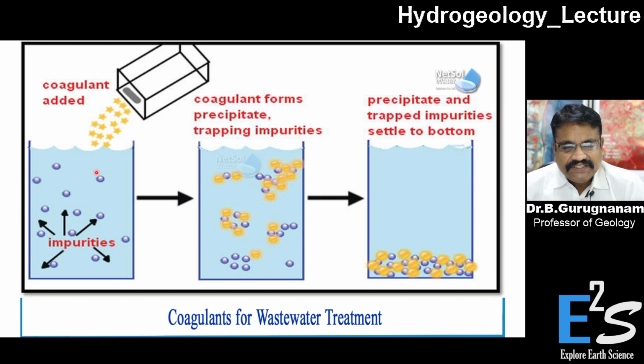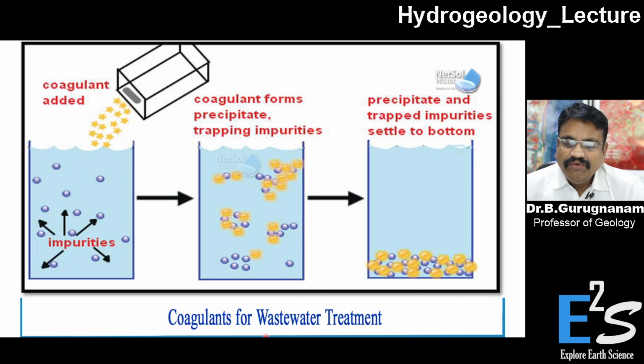The agent, the coagulant, is added to the water. The coagulant forms a precipitate, trapping the impurities, and then it gets settled down. The precipitate and trapped impurities settle at the bottom.